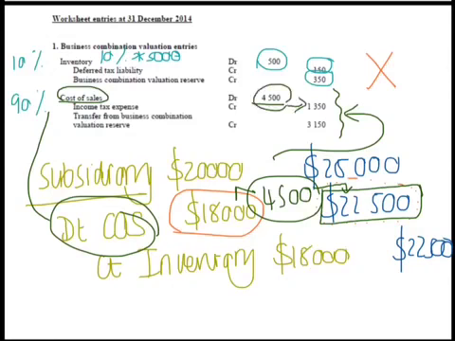And instead of creating a business combination valuation reserve, we transfer it to retained earnings. So this entry, even though it's got a long description, actually hits the retained earnings account. And this entry is only passed in the year in which the inventory is actually sold, to recognize the realization of that inventory.